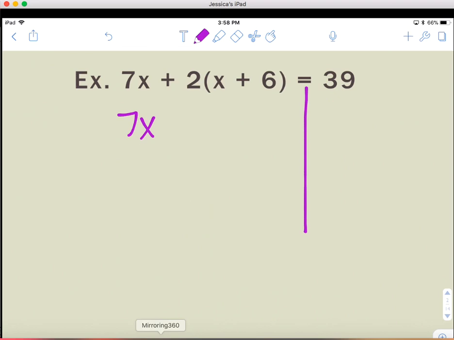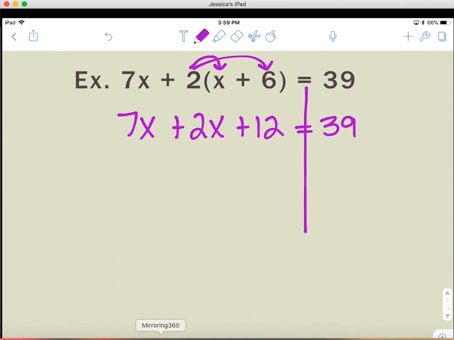And then the 2 outside of the parentheses, we are going to distribute to both the x and the 6 in the parentheses. When you distribute, you are multiplying them together. So 2 times x gives me 2x, and 2 times 6 gives me 12.